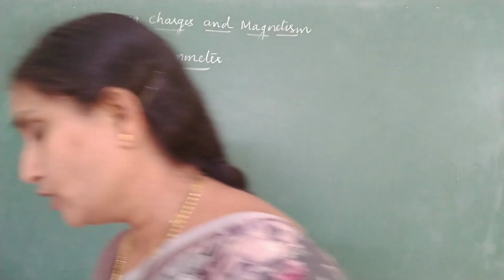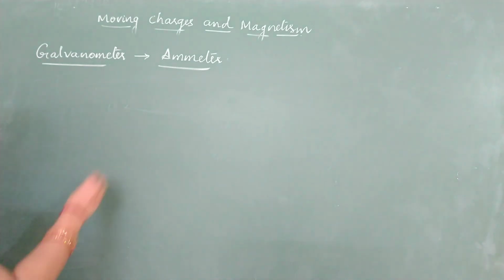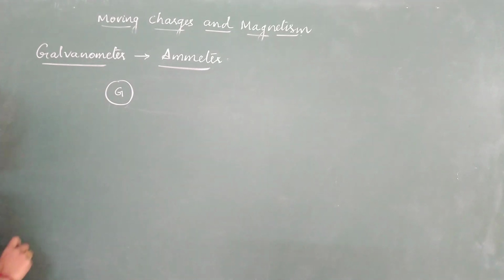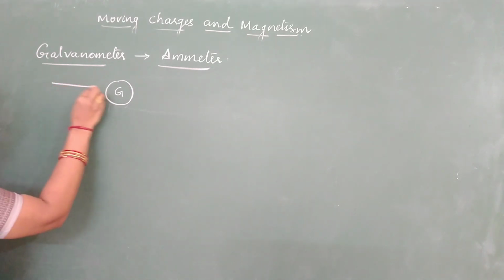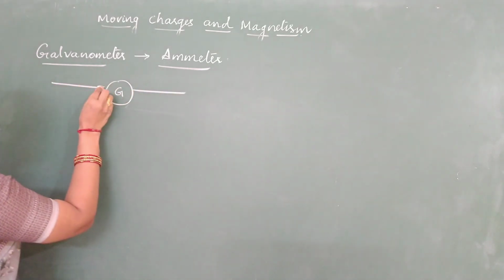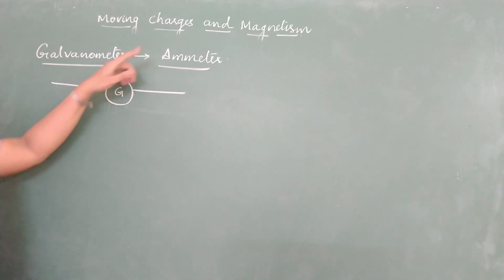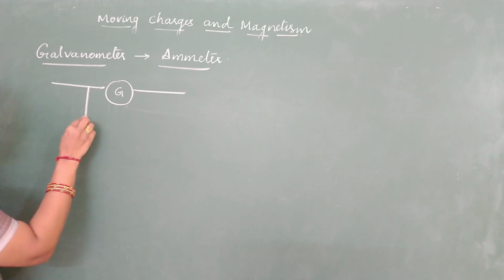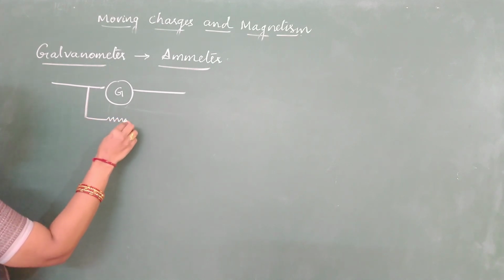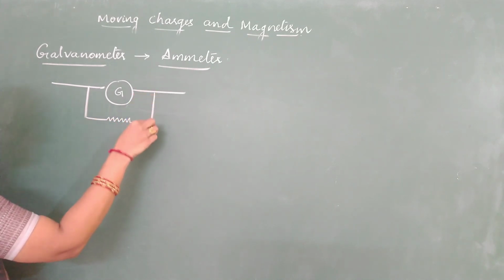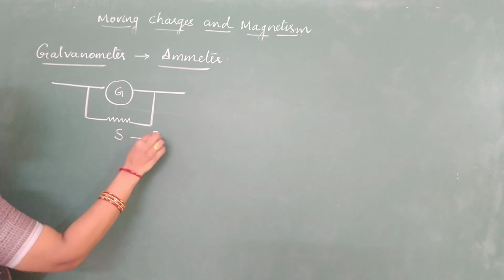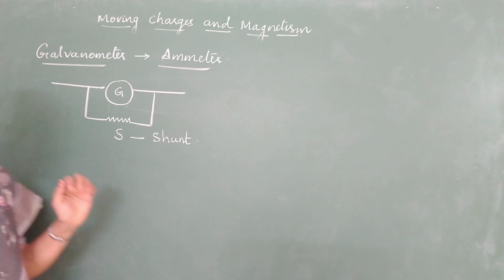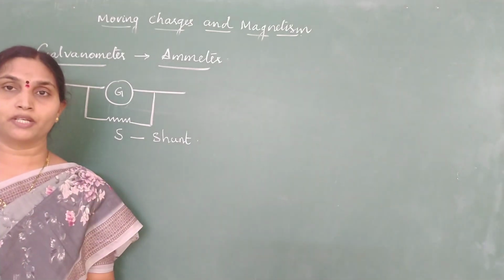So let us see how we convert a galvanometer into an ammeter. I will represent the galvanometer by G. Its resistance is G. To convert a galvanometer into an ammeter, we add one extra resistance in parallel to it, and this additional resistance is called a shunt.